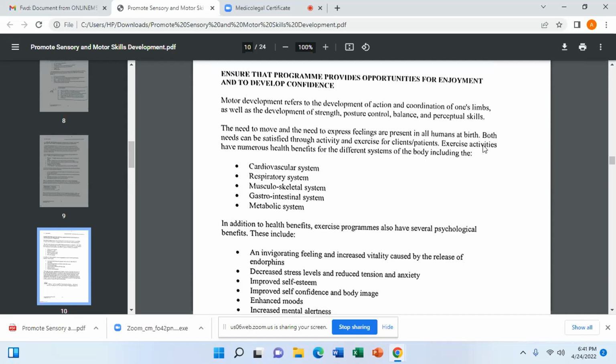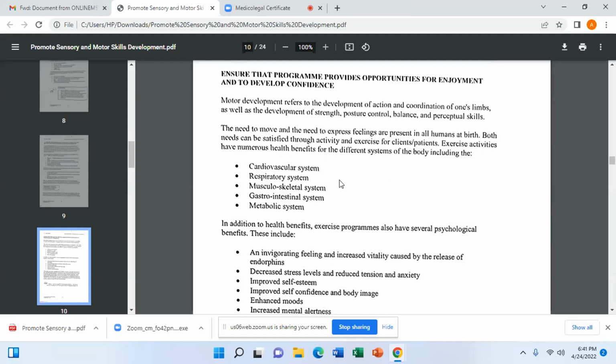Okay. It says exercise activities have numerous health benefits for different systems of the body. And some of the things that you would look at would be the cardiovascular system, respiratory system, right? Musculoskeletal system, gastrointestinal system, metabolic system.